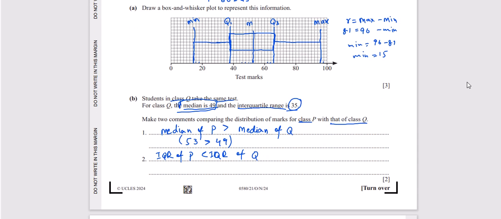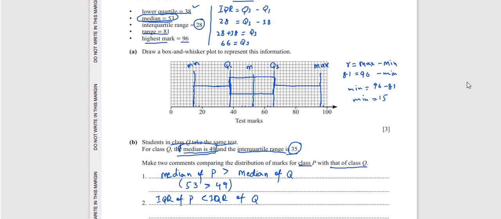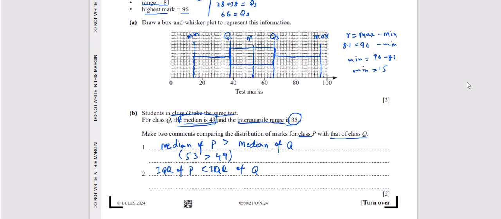Interquartile range of class P is 28, is less than interquartile range of class Q is 35. So this is our final answer.